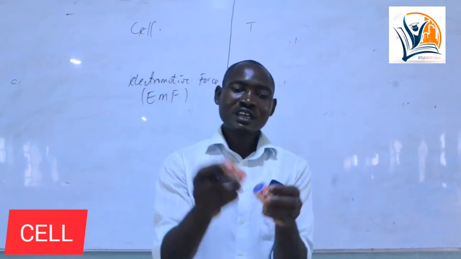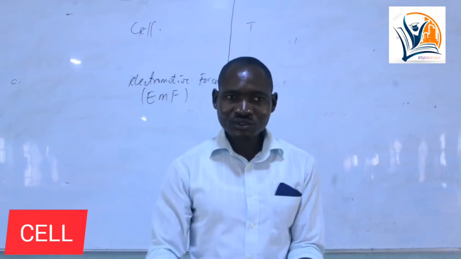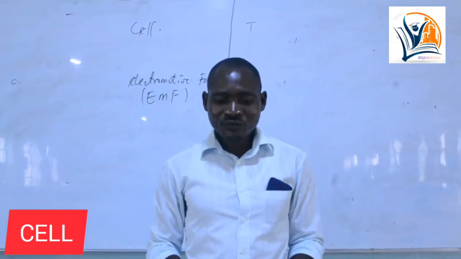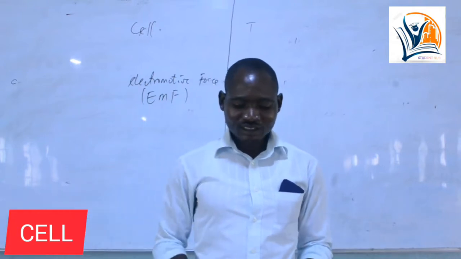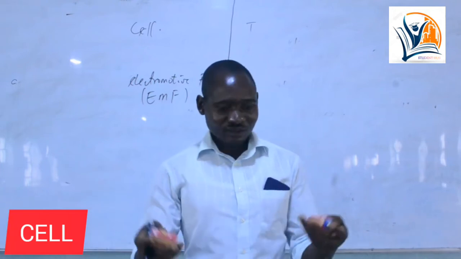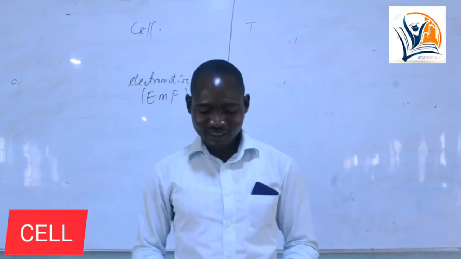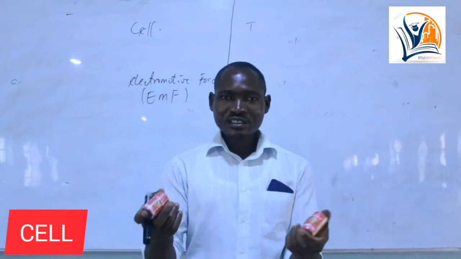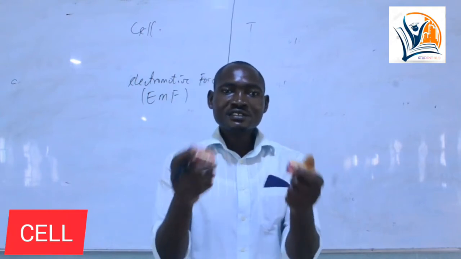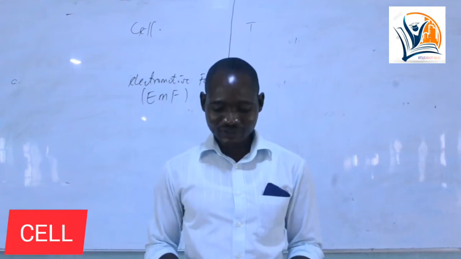But if you connect this battery to an external circuit, let's say a bulb or any other thing, then we have what we call potential difference. And we have a terminal potential difference of a cell. This is the potential difference of a cell when the cell is delivering current to the external circuit.